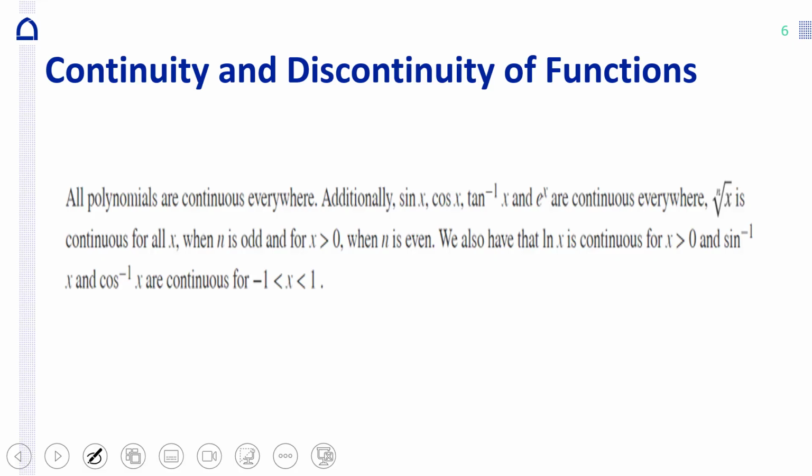Now, all of these functions, trigonometric functions or the inverse of trigonometric functions, the exponential function, the n-th root function, all of these are continuous for all x, okay, except the n-th roots when n is even, where x should be greater than or equal to 0, right?